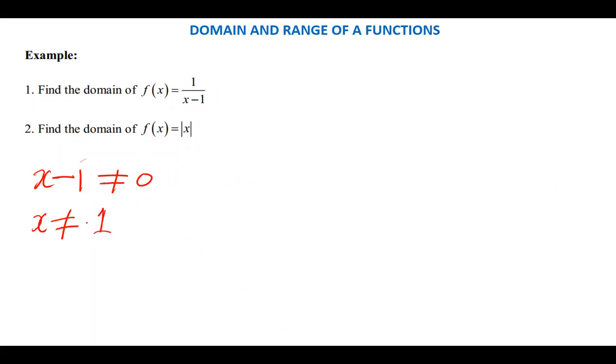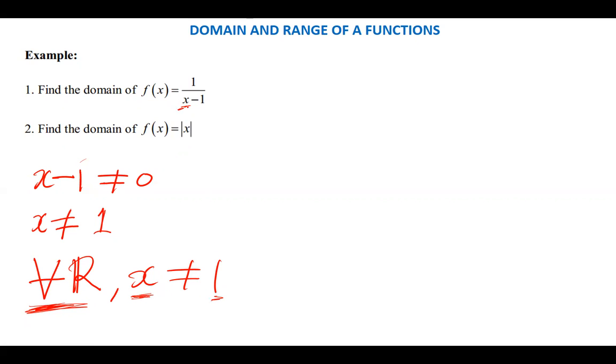So to write the domain of this function, we can put all real numbers there, but x should never be equal to 1. We can replace x with any real number, but we should never make the mistake of replacing it with 1.